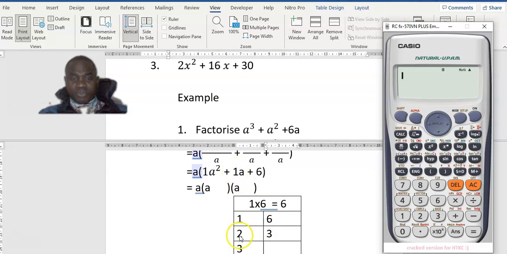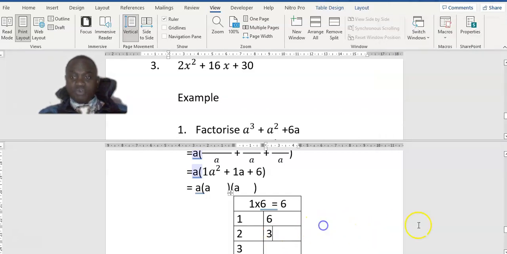Let's see. 2 plus 3 is 5. It doesn't give us that. If you say minus 2 minus 3, no, it doesn't give us that one. So we can't use 2.